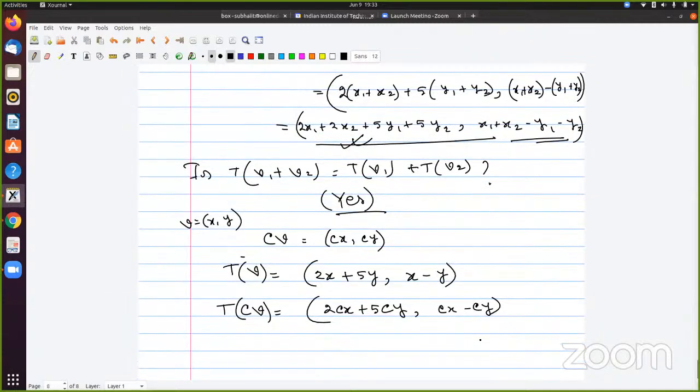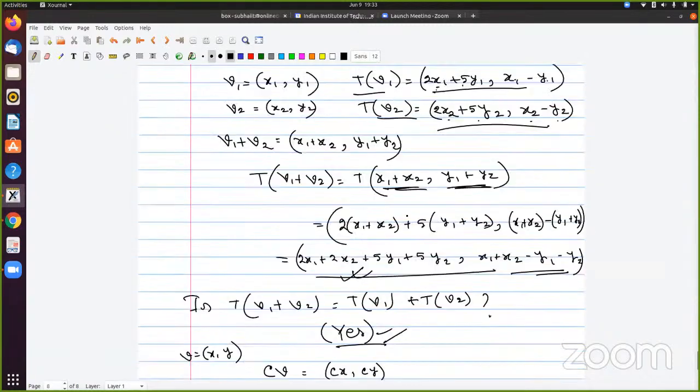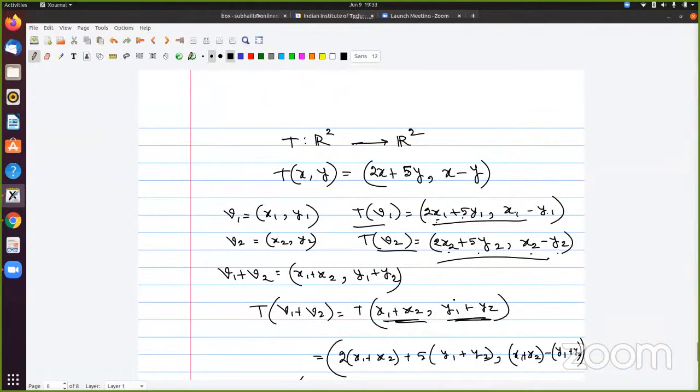Are these two equal? Yes. If you multiply C with TV, we get the second one. So both conditions are satisfied, and this is a linear transformation, what I started with. Is the definition and example of linear transformation clear?